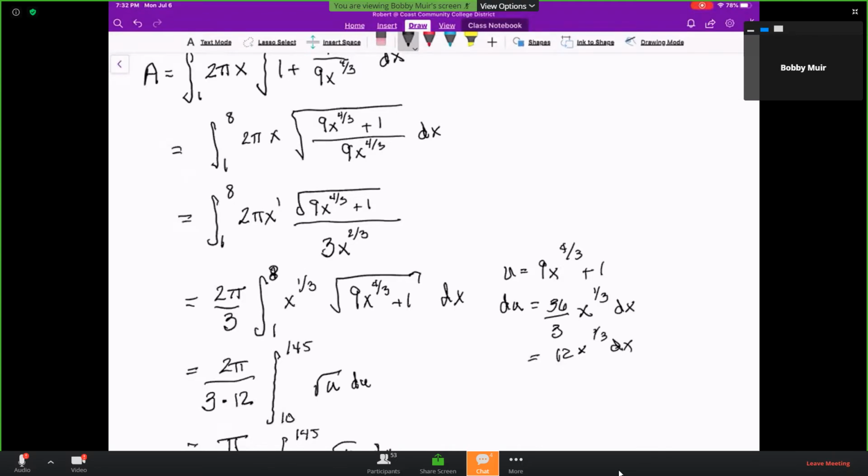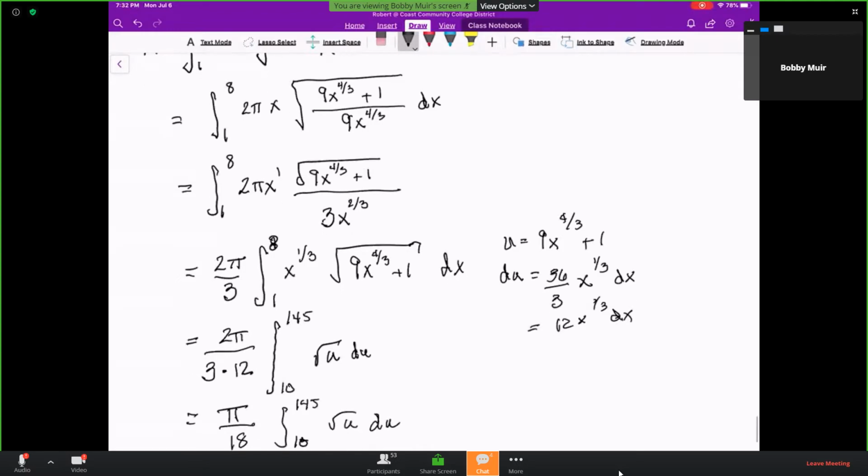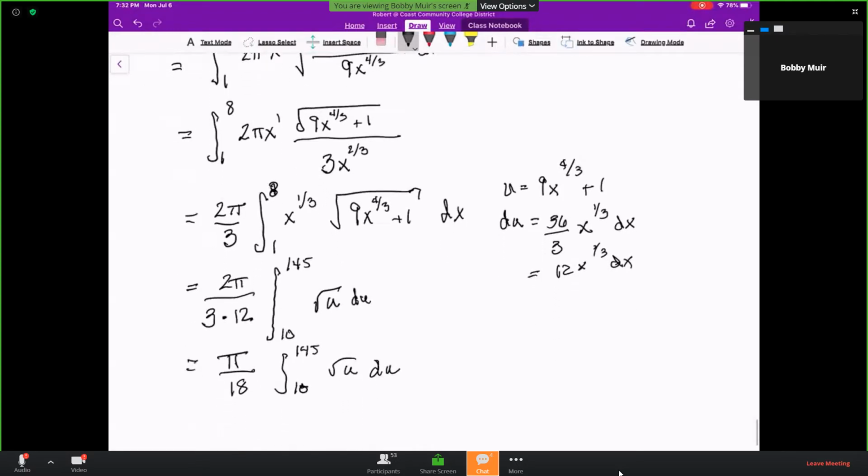Okay, so u is 9x to the 4/3. So du is 36 over 3, x to the 1/3. That's a 12. So where am I going wrong?